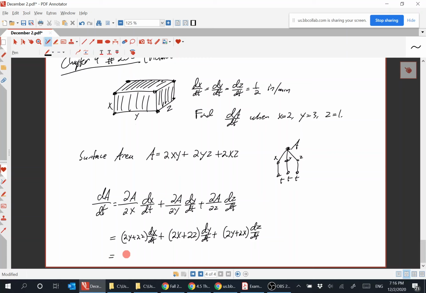So this is 6 plus 2, so 8 halves. This one is x and z, that's 4 plus 2 is 6, 6 halves.